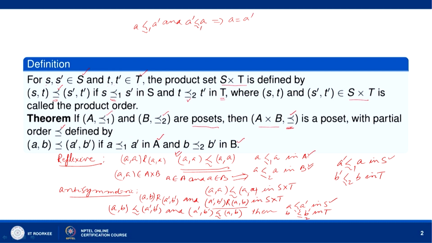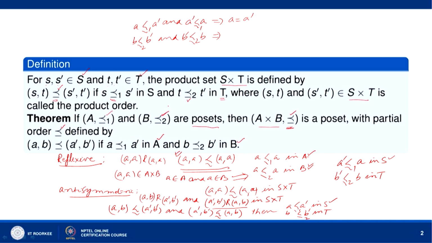Next, b precedes b' and b' precedes b, and B is a partially ordered set with this partial order relation.